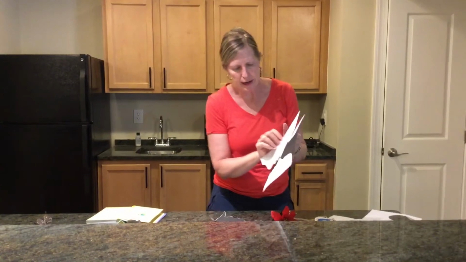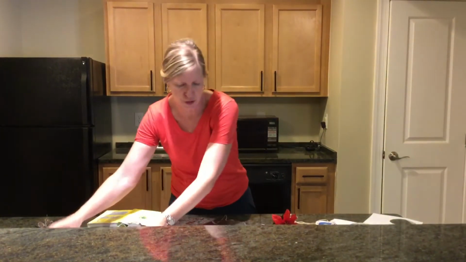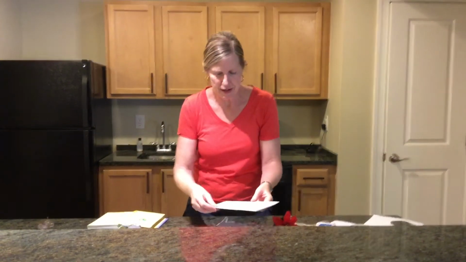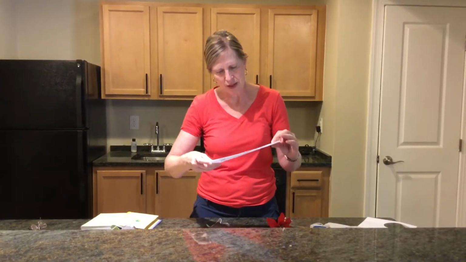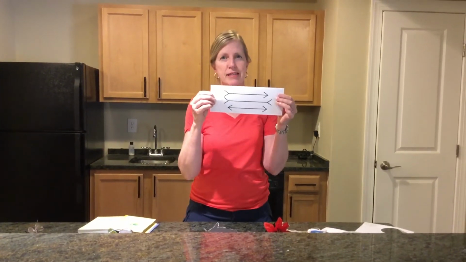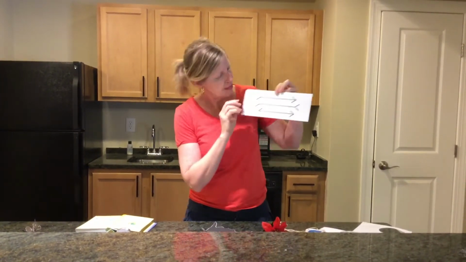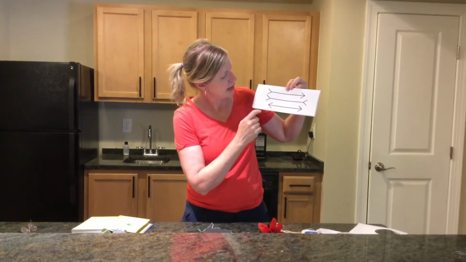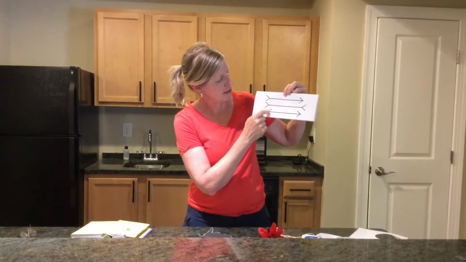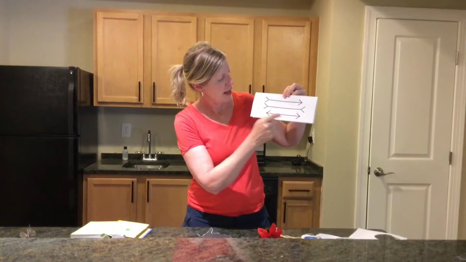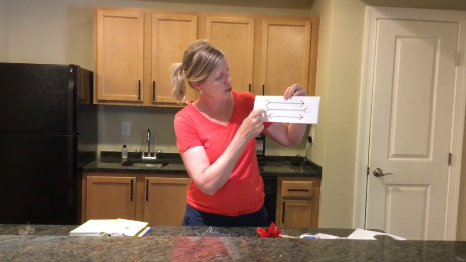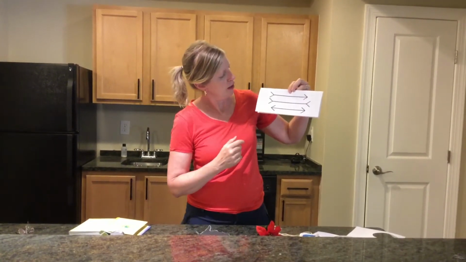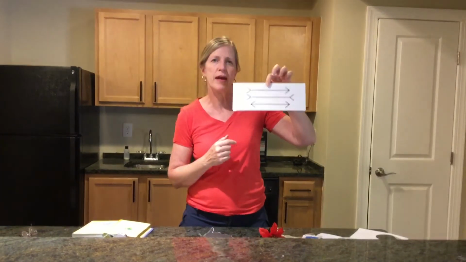There's another kind of optical illusion. This one is kind of tricky. See these three lines? They're three lines, and some of them have arrows pointing this way, and some of them have an arrow pointing in. They all look different, don't they?